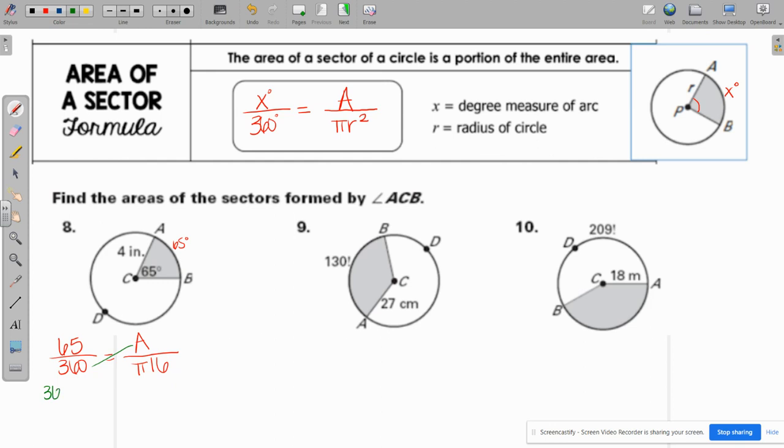So 360 times A will equal 65 times 16 pi, which is 1040 pi. I'm going to keep it exact until the very end. To isolate A, we divide both sides by 360. So 1040 pi divided by 360 would be our exact answer. In our calculator, that would be about 9.08. Since we are in inches for our radius, our area would be inches squared.